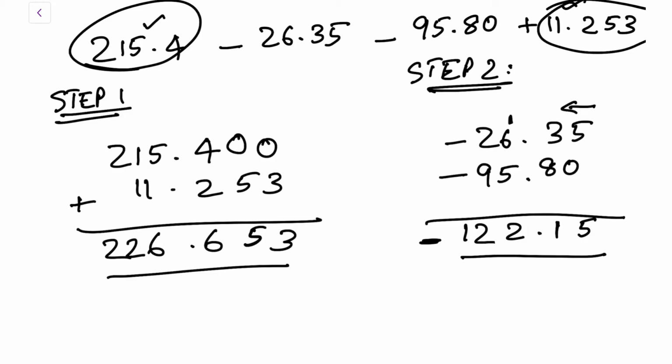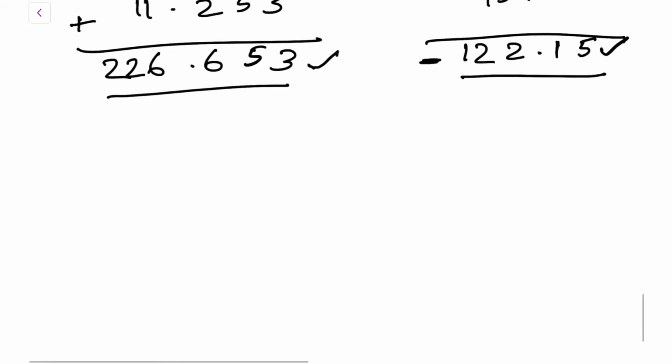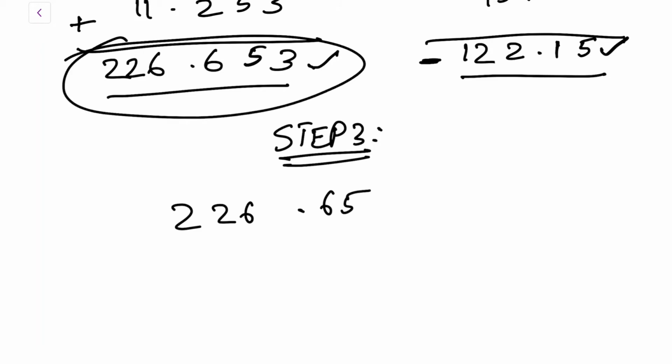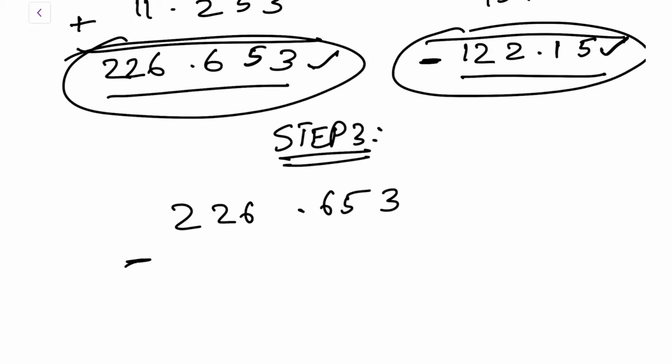Step 3 is to do the subtraction. With the answer of step 1 and the answer of step 2, just do the subtraction. Remember, write the bigger number on the top, that is 226.653, which is this, minus, let's take this, 122.15.